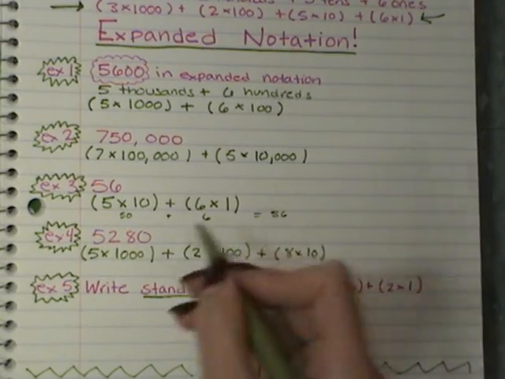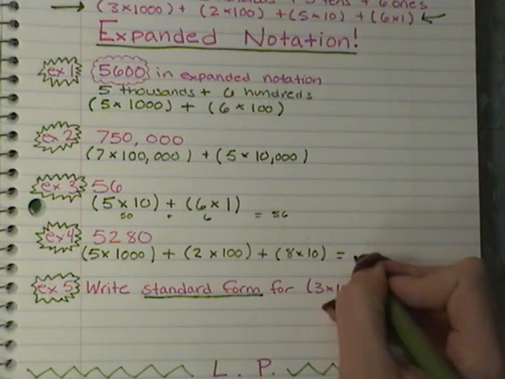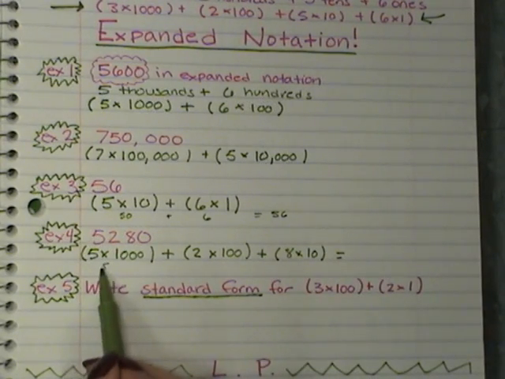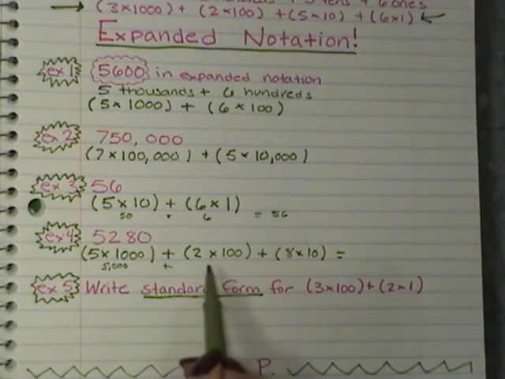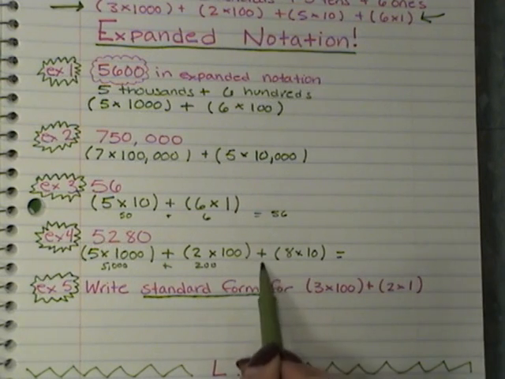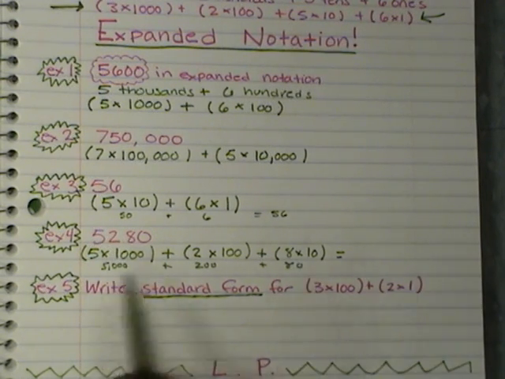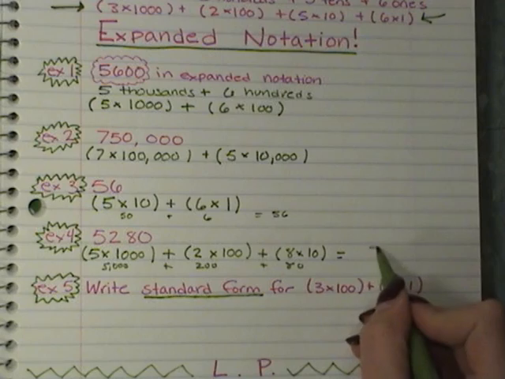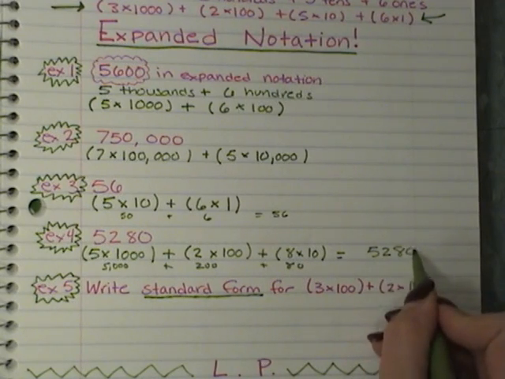Now do I need to do anything for my 0? Nope. If you add 5,000 plus 200 plus 80, you get 5,280, which is exactly what we want.